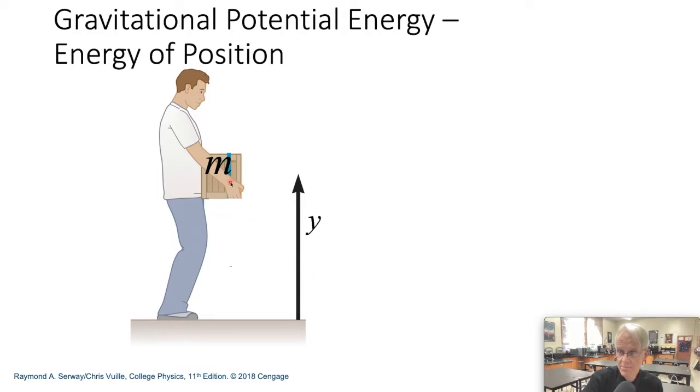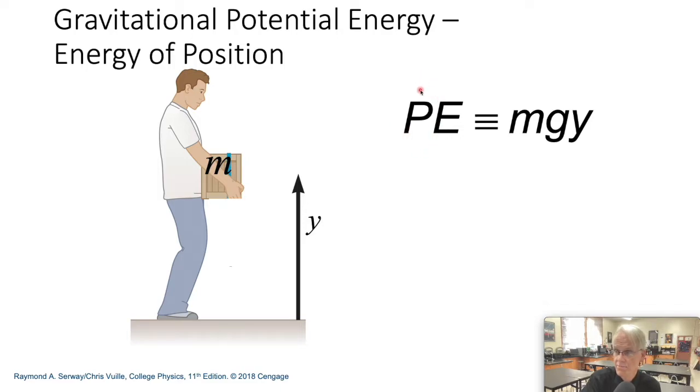So by lifting this box or mass m a displacement y, we have done work on what we'll call the mass-Earth system. There's a gravitational field here, and we're doing work on that system. We are adding energy to that. The definition of gravitational potential energy, which we'll call just PE here, is going to be the force times this displacement, or mg times y.